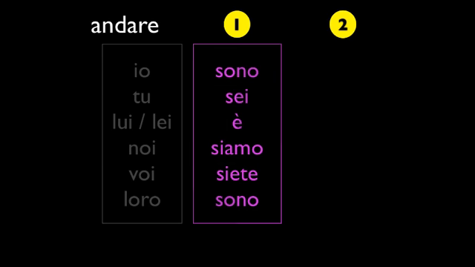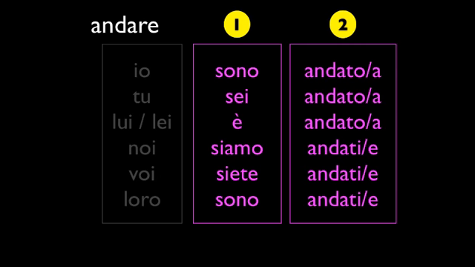Now, in some cases, you're going to need to conjugate a verb with essere. And the verb andare, to go, is one such example. The conjugation with verbs that take essere as a helping verb is just slightly different. They use a form of the verb essere, and they also use a past participle, but you'll notice that the past participle will change according to the gender of the subject.